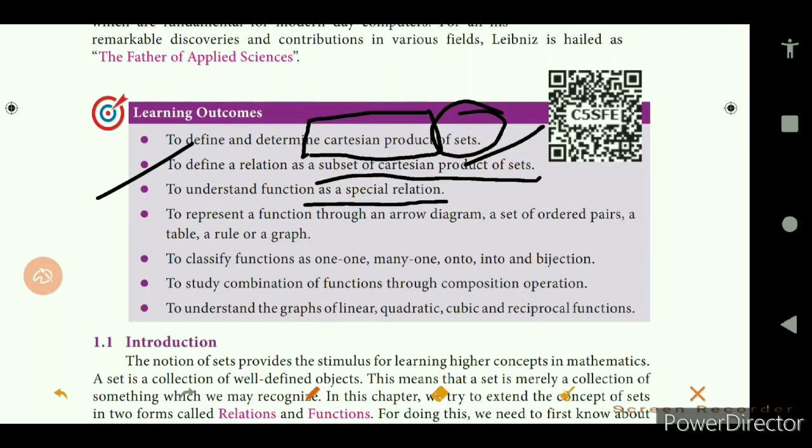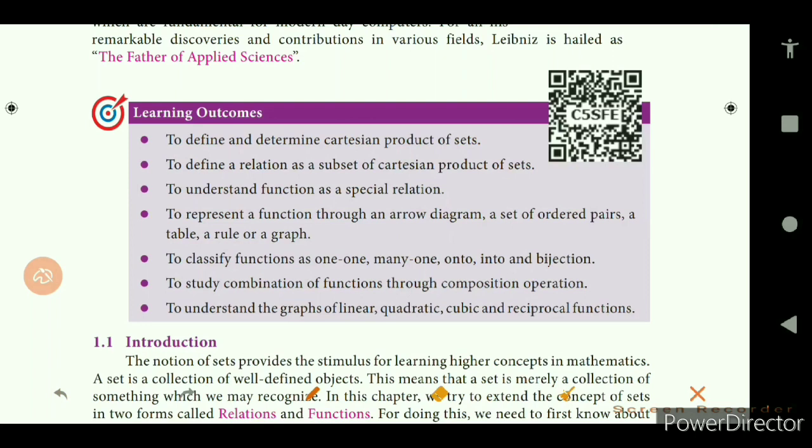An arrow diagram means by using the arrow symbol we can represent a function. For the arrow diagram, just consider two sets. Let us consider set A and this is set B. By drawing arrow marks, we can declare the function.